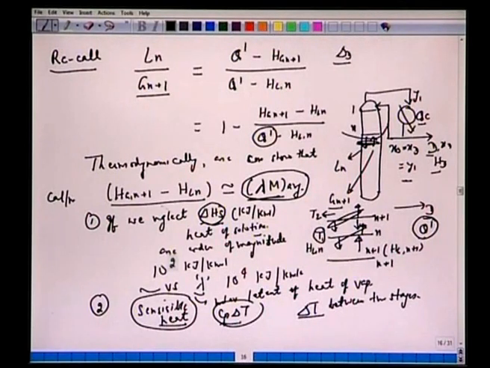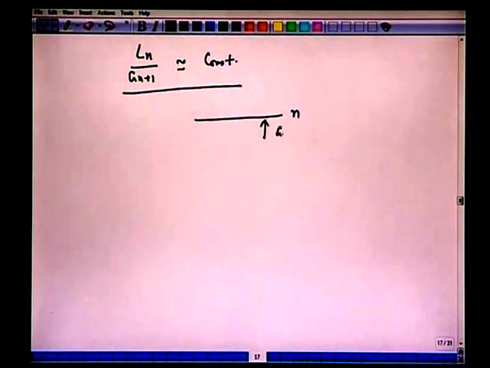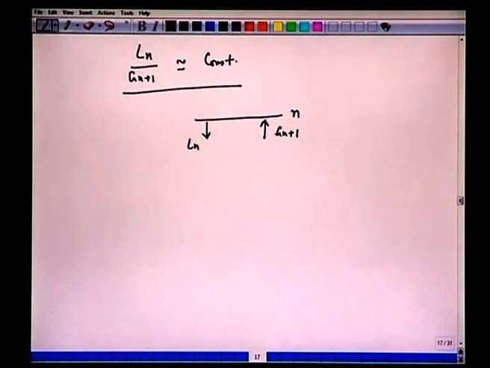Alright, so with this assumption of Hgn plus 1 minus HLn being constant, you can see here that the ratio of Ln over Gn plus 1 can be assumed to be constant. That means if you look at plate N, we have the molar flow rate of vapor Gn plus 1 and the liquid leaving this plate, Ln, and the ratio of these two is constant.